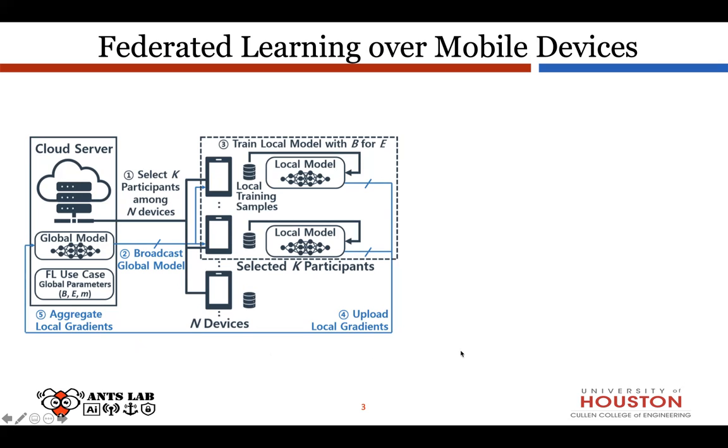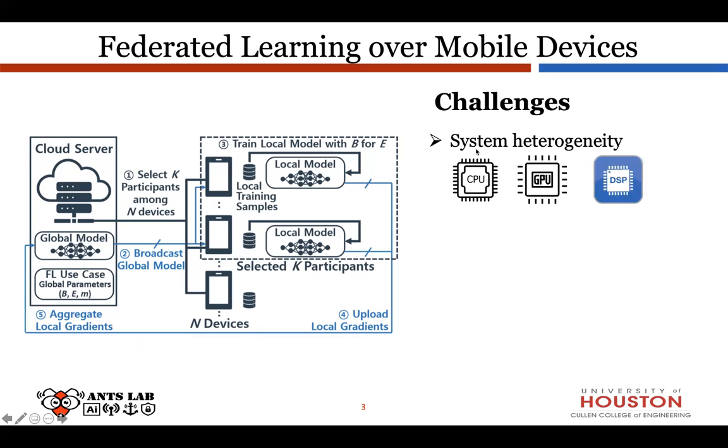However, there are still some challenges during federated learning training. The first one is the system heterogeneity. There are lots of different compute resources in mobile devices, like the CPU, GPU, and DSP. So the high degree of system heterogeneity introduces varying, potentially large performance gaps across smartphones in federated learning.